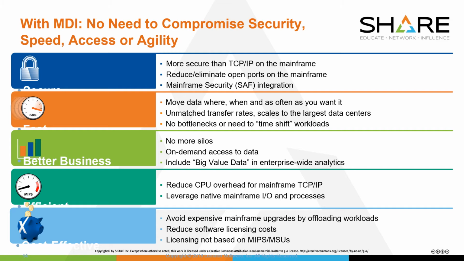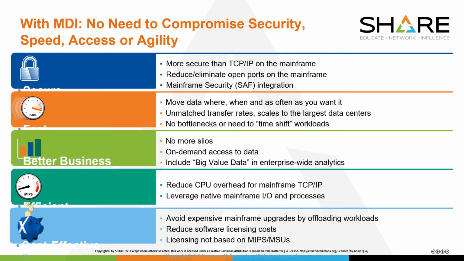No more data silos, if you will. You can combine this with other data throughout your enterprise. You can make it available for other analytics packages throughout your enterprise. It's just very useful to be able to interchange terabytes and petabytes this rapidly with the mainframe and with your distributed systems.